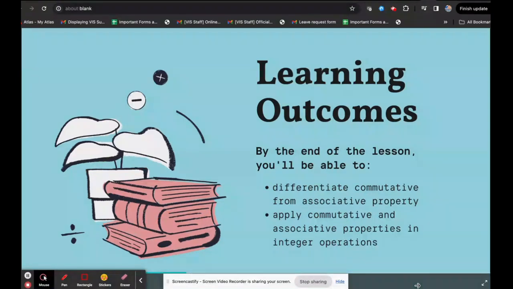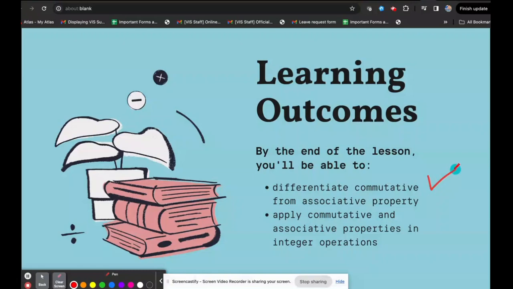Our learning outcomes are, by the end of the lesson, you will be able to differentiate the commutative property from the associative property, and you will apply the commutative property and associative property in integer operations.